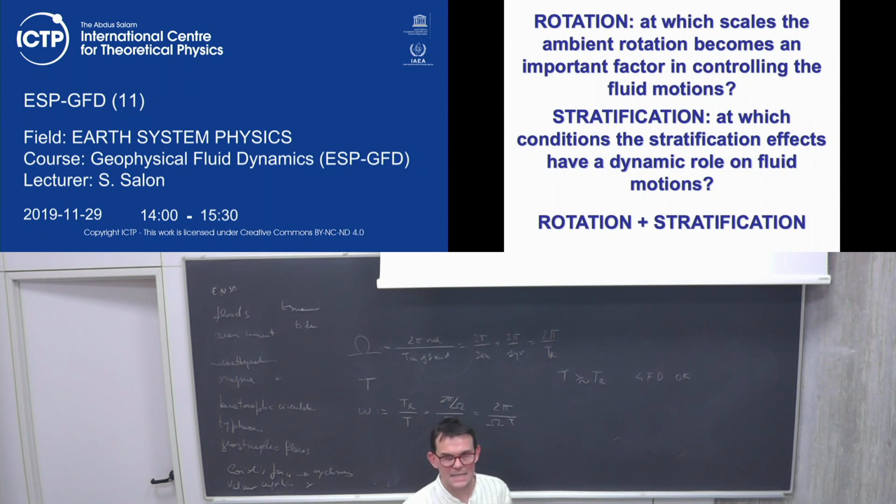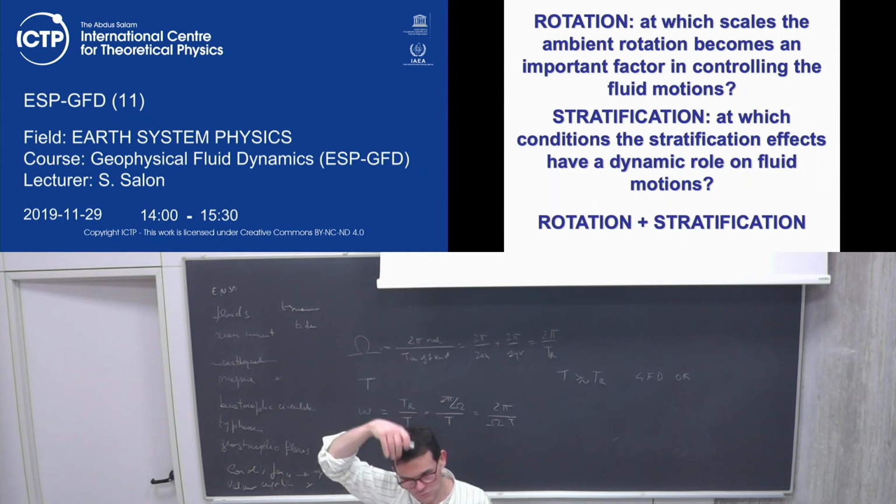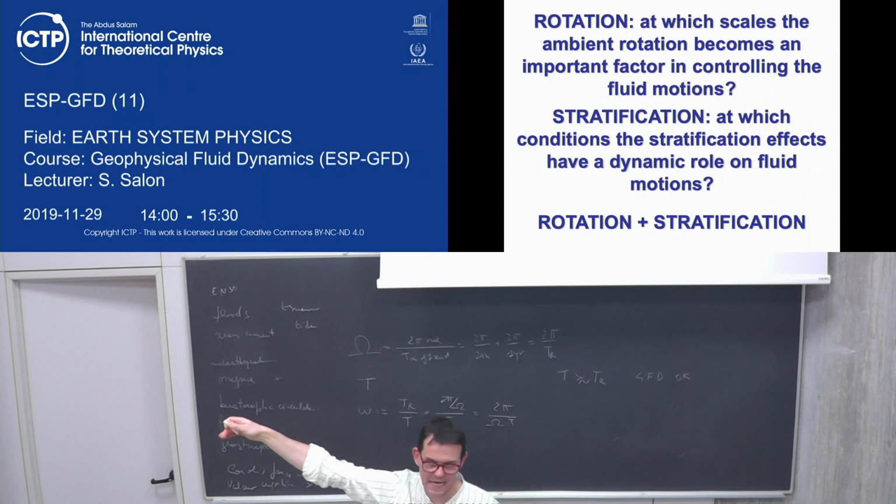So I said that cyclones are subject of GFD. Which is the time scale of cyclones? It is for sure larger than 24 hours. If I am fixed in one point, I see the cyclone coming, I see the maximum rain on my head, and then the cyclone leaving.